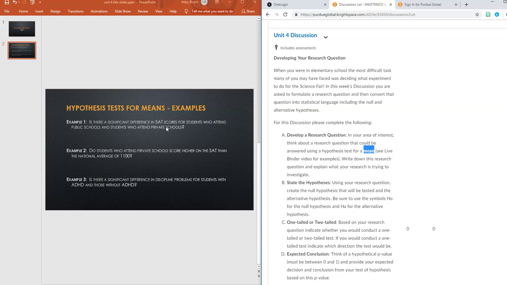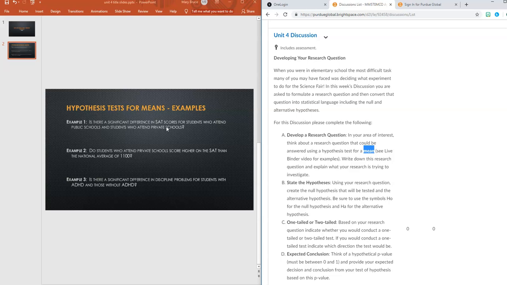And as you'll learn this week, hypothesis testing is used to test claims. Maybe people are out there claiming that kids that go to private schools get a better education, they have higher SAT scores, and there honestly is research out there on that. But these are things that are easy to test.